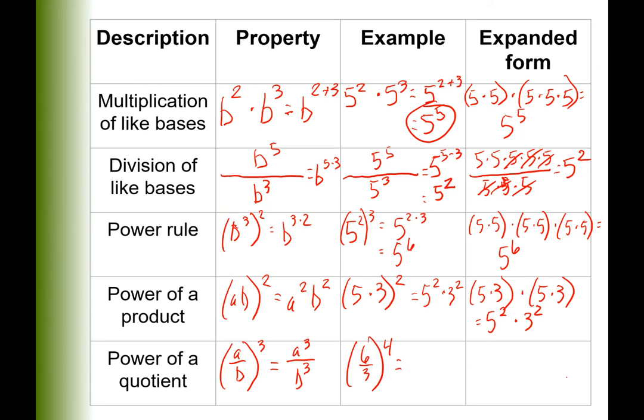So we're going to attach the exponent to each individual number within the division problem. So this ends up being 6 to the 4th over 3 to the 4th. The reason being, just like with power of a product and power rule, where we had sets of numbers, we have 4 sets of 6 over 3.